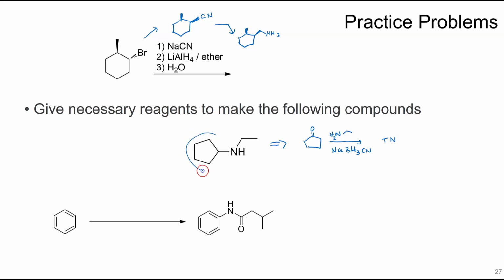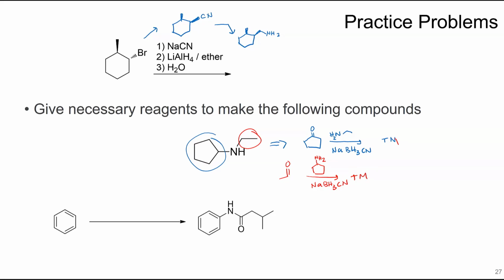So in that one, this is the part that is the carbonyl. Or we can use this as the carbonyl, there's our amine and then NaBH3CN. So there's 2 ways to do that one.